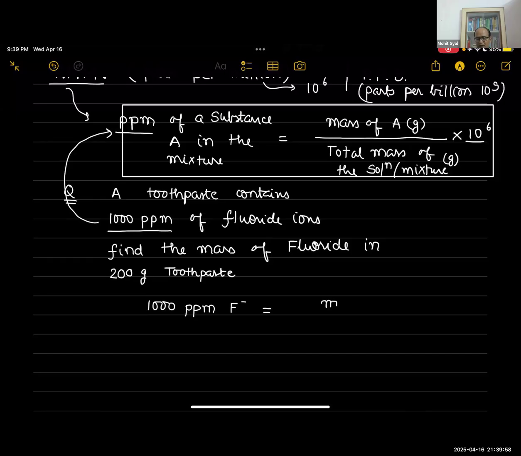Mass of fluoride in grams is not known. Let it be m. Divided by the total mass of the sample, that is 200 grams.